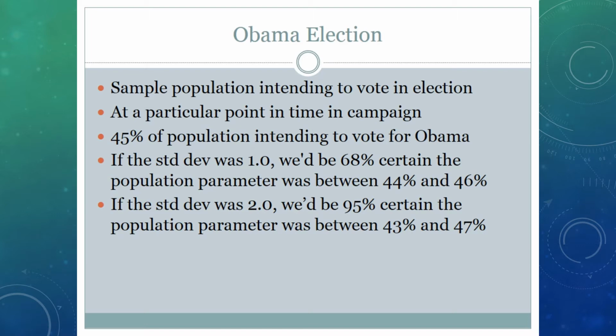45% is the number that gets reported through social media or popular press or what have you. If, and it's going to be in small print, if the standard deviation is 1.0, then we are 68% certain that the result within this population that was surveyed is actually between 44 and 46%.